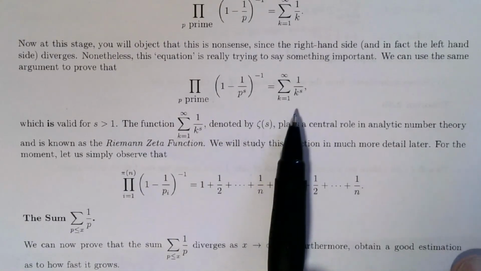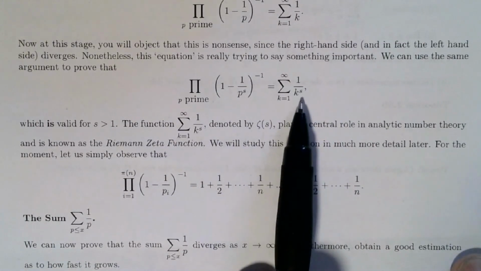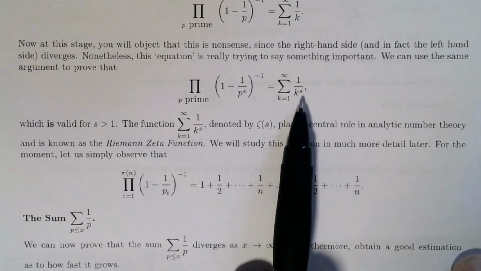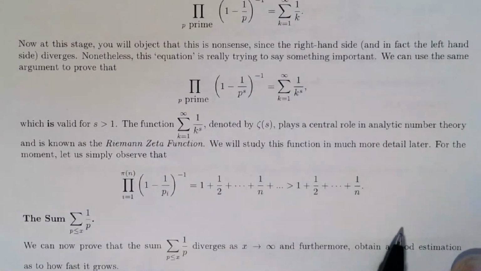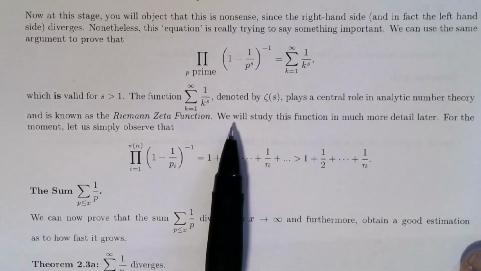Euler examined this. He noted that if, for example, s is 2, we get pi squared on 6, and we'll see that if s is an even number, then you can sum this explicitly. And if it's an odd number, then we don't really know a lot, in fact. So we will study this function in much detail later on.